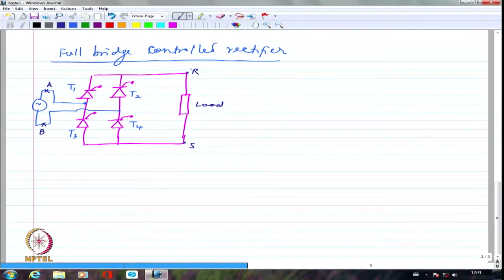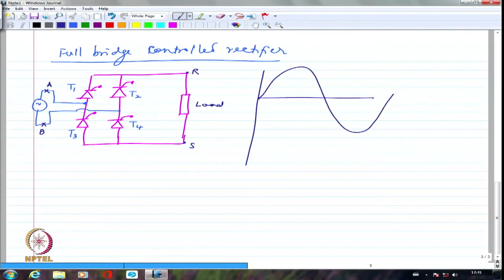So let me first of all start with drawing the voltage waveform. This is my voltage waveform. I don't want T1 and T4 to conduct at this point because I want to have control, which means I have to delay the triggering of this particular device by some angle alpha.